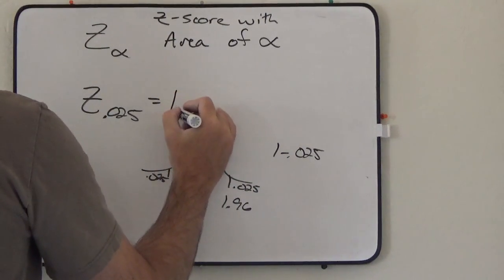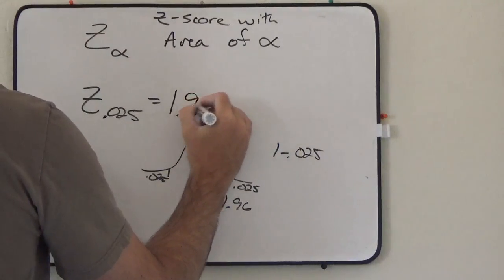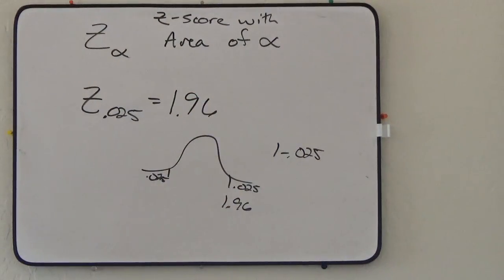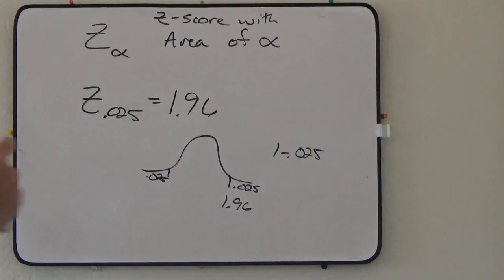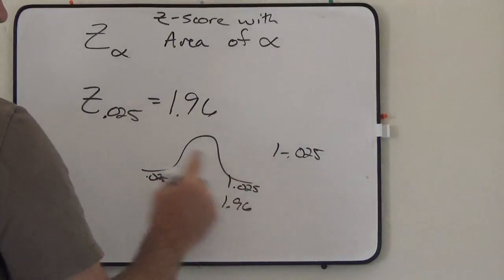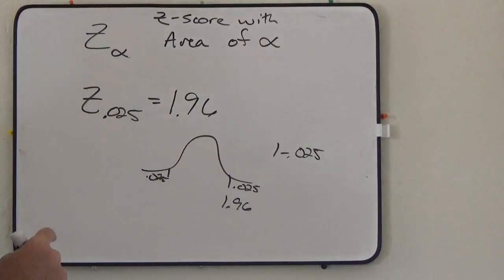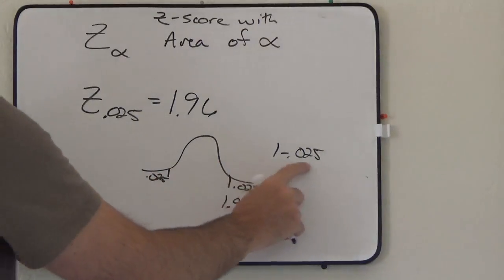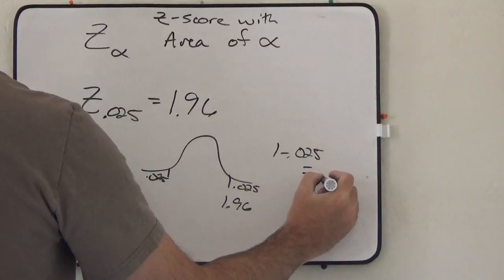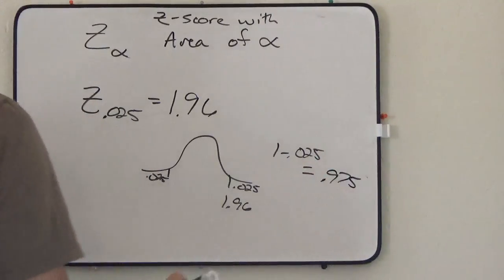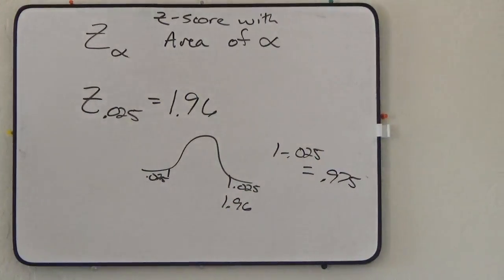That's what that means: you're finding the area for everything to the right of it. So this one is the area to the left, and this is the one that denotes the area to the right. If it says to the right, you're always going to do 1 minus that value to find the probability that you need, which was 0.975, remember? And that helped me find my z-score. Okay, that's it.